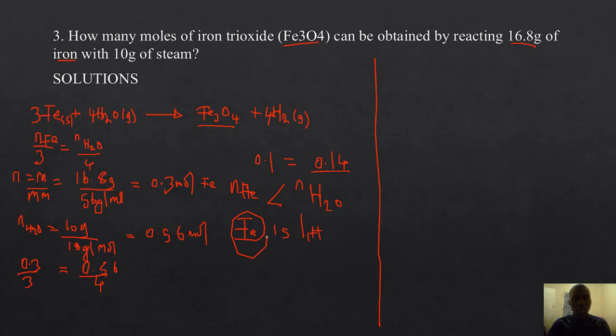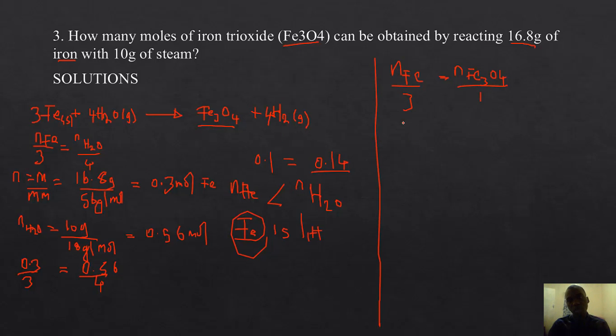So if iron is our limiting reactant, then we can create a relationship between iron and the product, which will be the number of moles of iron, which is Fe divided by 3, equal to the number of moles of the product, Fe3O4, divided by here, since there is nothing in front, this one will just be divided by 1. So the number of moles of Fe, we know it's 0.3 as we have found.